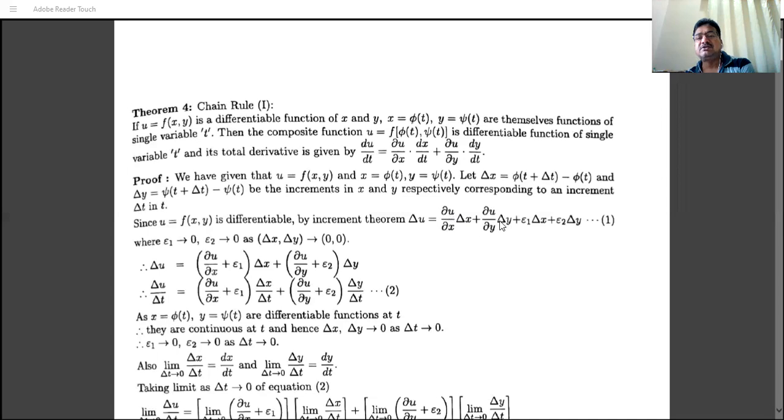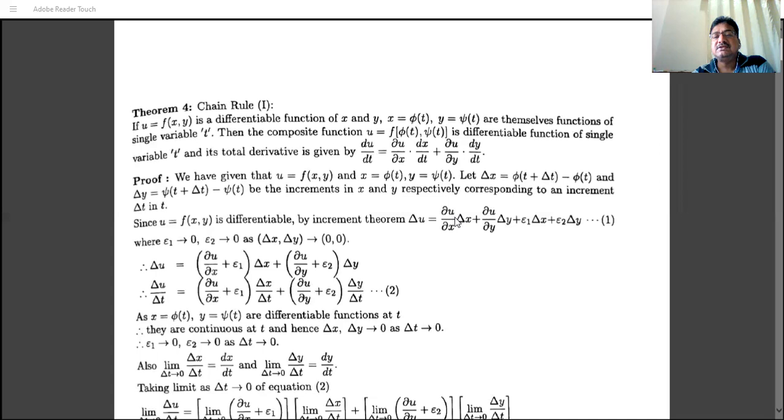So ∂u/∂x plus delta y, which is k, times ∂u/∂y, then h into phi, where the notation for phi(h,k) is epsilon 1, and for psi it is epsilon 2, k psi(h,k), okay? Where epsilon 1 and epsilon 2, that is phi and psi, tend to 0 as (h,k) tends to (0,0), that is, delta x and delta y tend to (0,0). So this is actually the definition of a differentiable function.